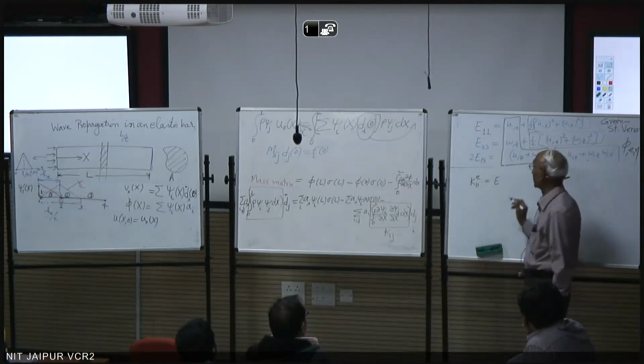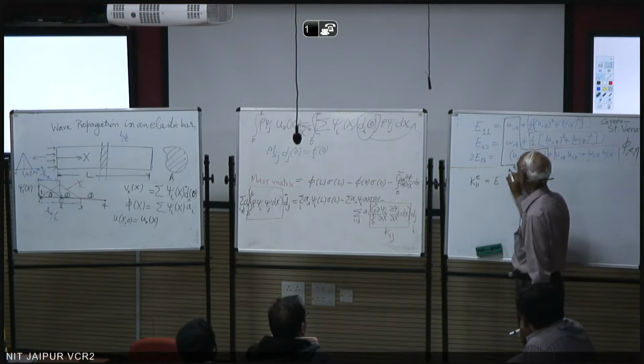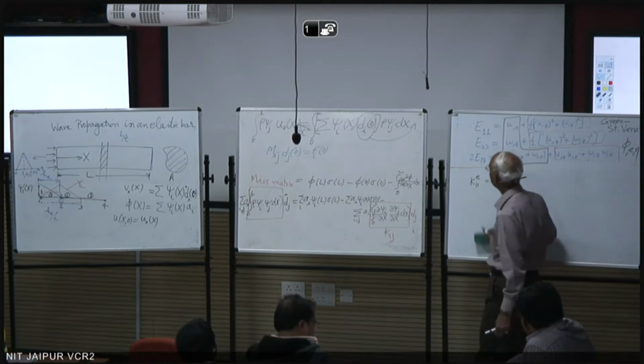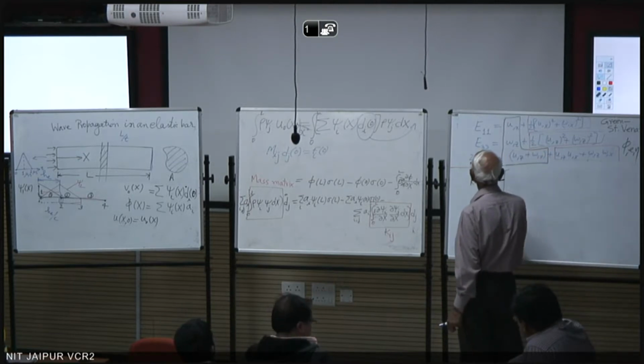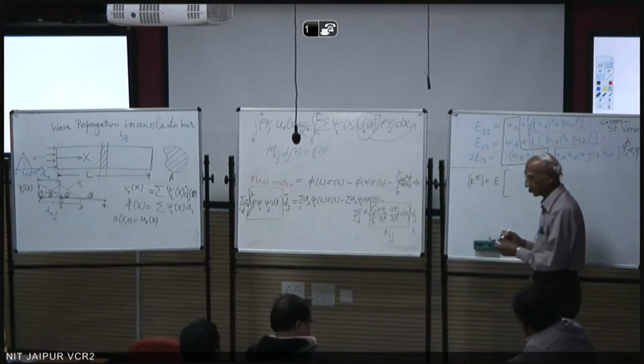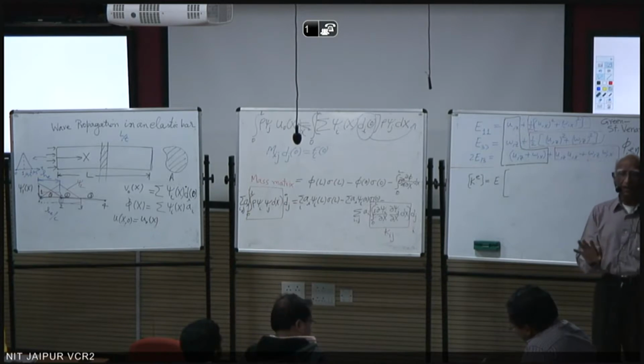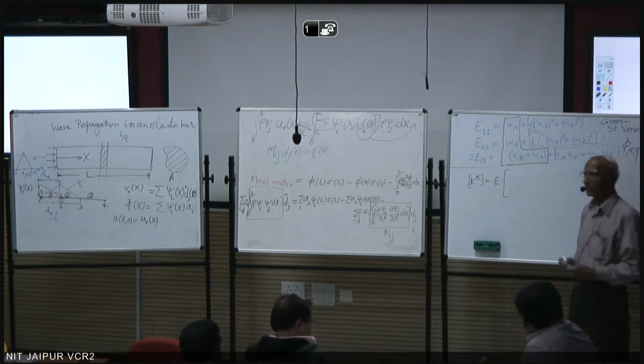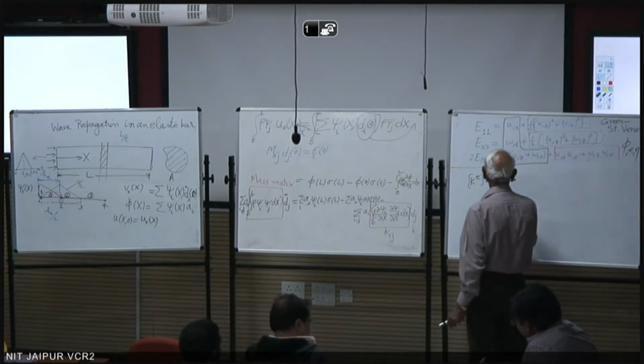Area is gone. You have done it. 1 over HE, so it will be E over HE, 1, minus 1, minus 1, 1.